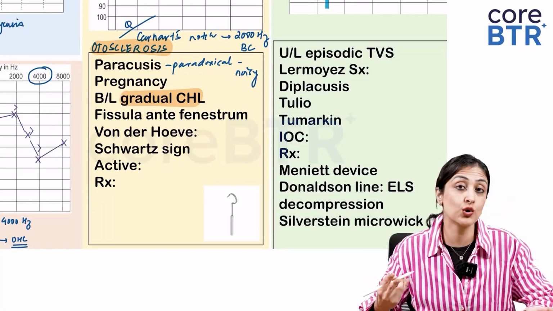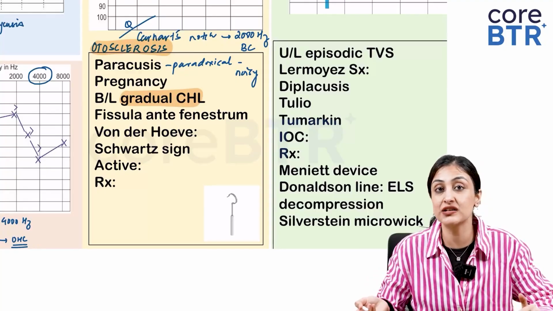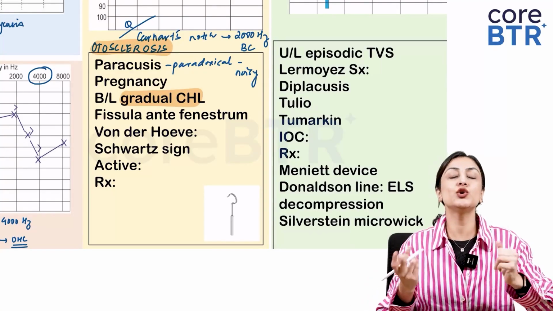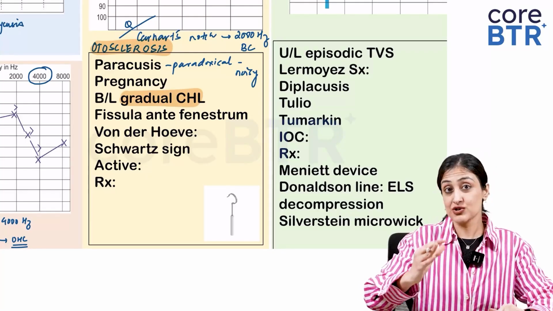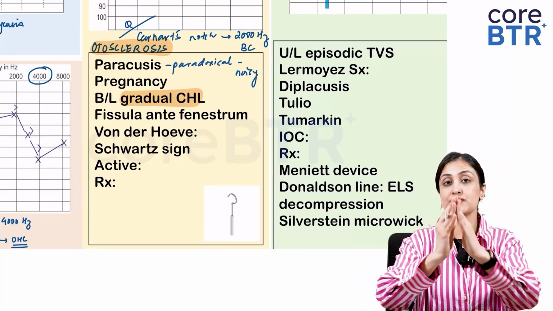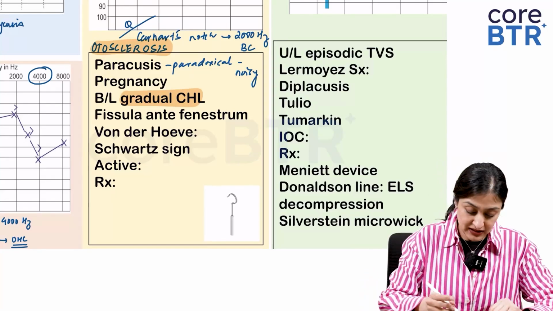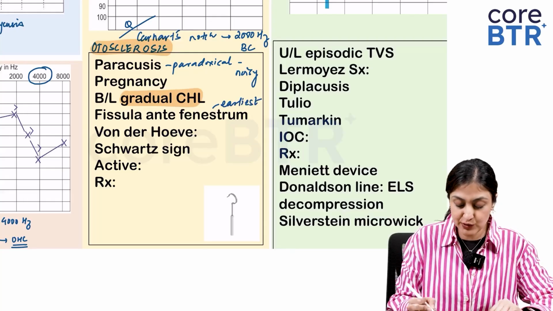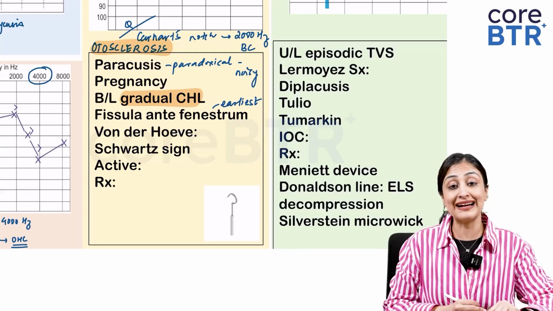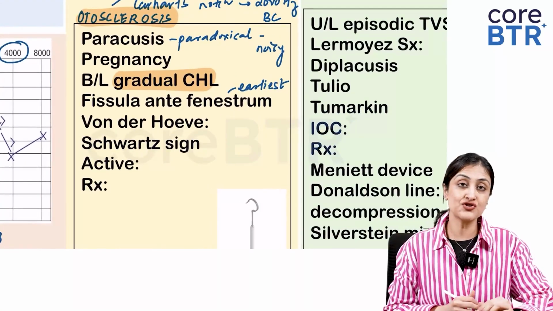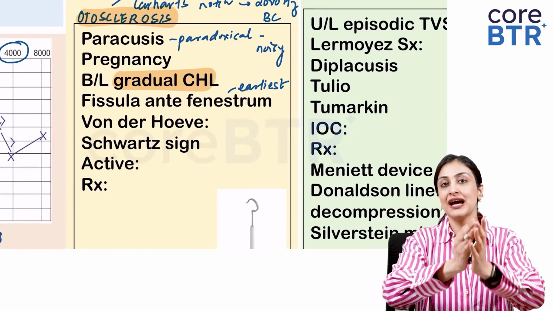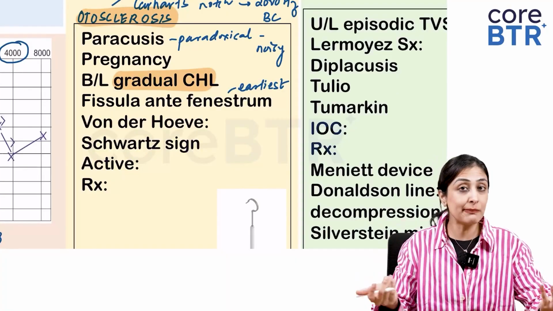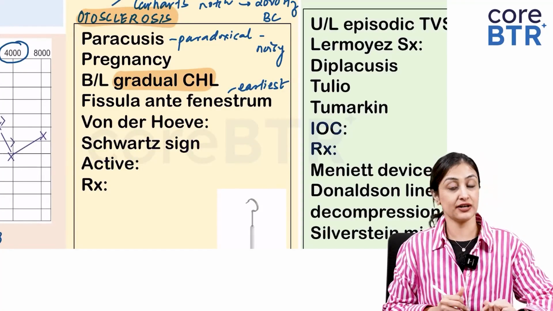Otosclerosis, also called otospongiosis, which is a better name because this is where we are having too much remodeling of the bone, because of which the stapes footplate gets fixed to the oval window, and the earliest site where it happens is just anterior to the stapes, that's called fissula ante fenestram. So this is essentially a stapes which is fixed, hence not allowing conduction to happen, bilateral gradual conductive hearing loss.